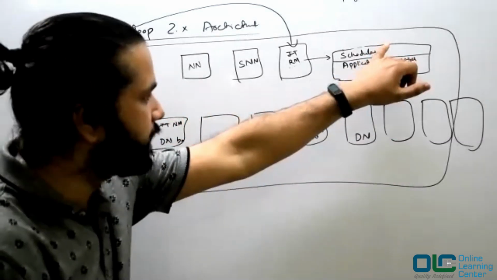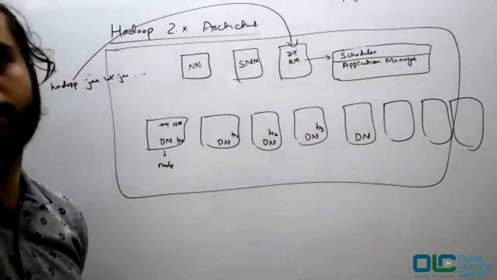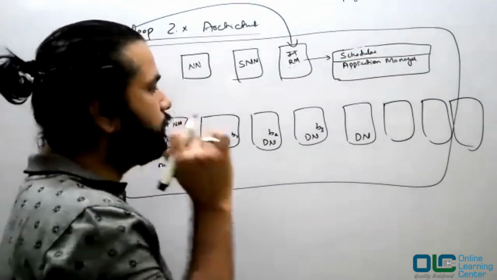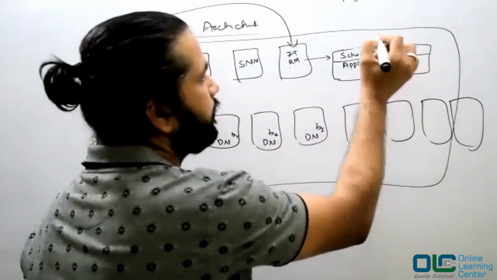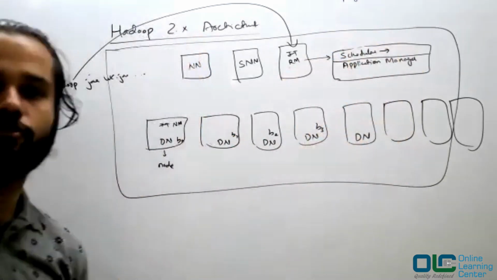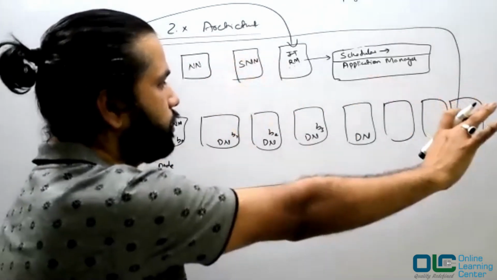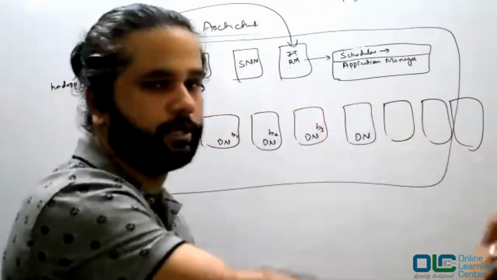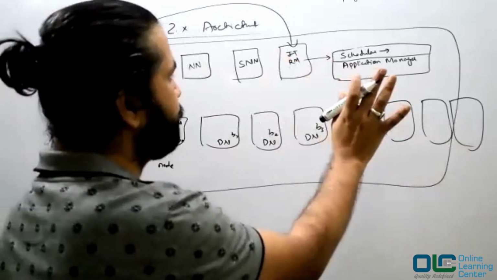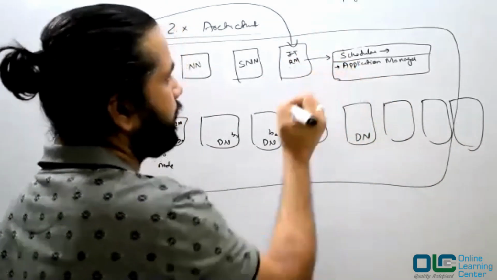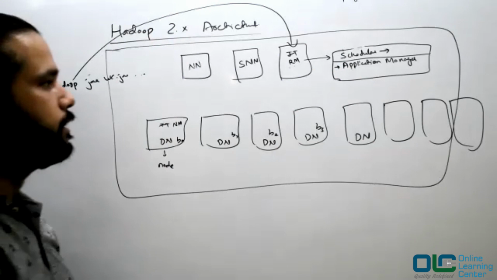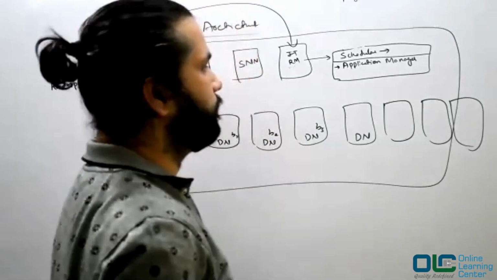This is what would be decided by the scheduler part of your resource manager. Now, this will never track the progress of a job. Its duty is to schedule the job in the cluster and it's done. Once it is scheduled, then it will be taken care by your application manager.